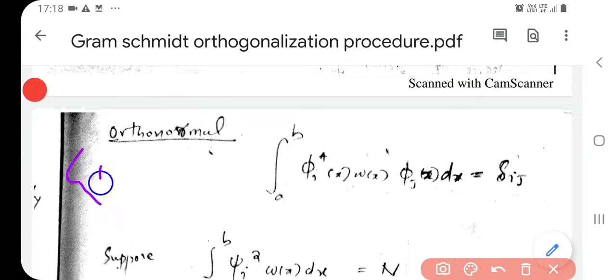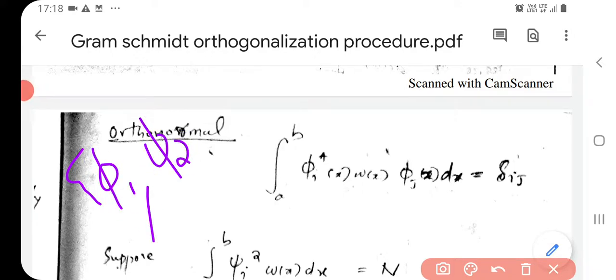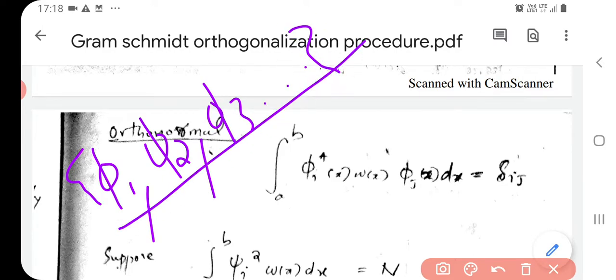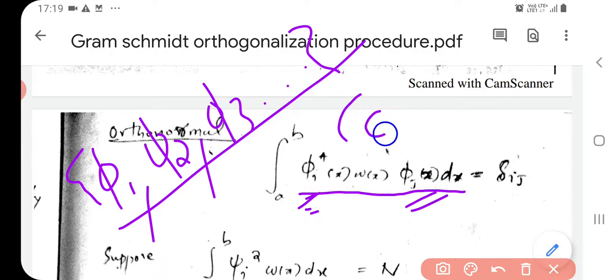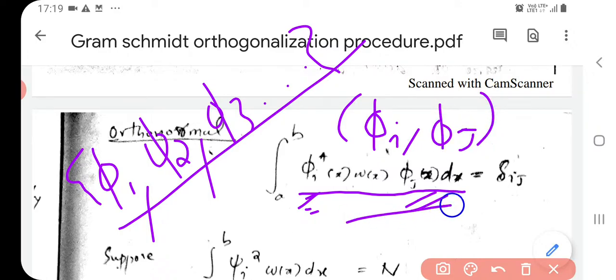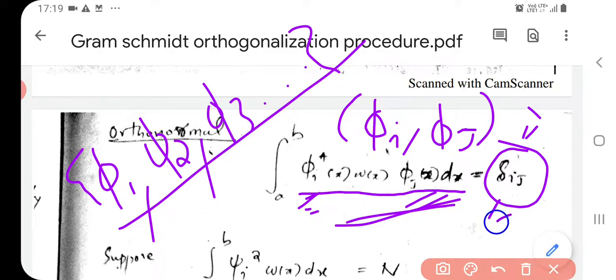Suppose we have a set of functions phi 1, phi 2, phi 3, etc. For any two functions phi i and phi j, if the integral from a to b of phi i conjugate x, w of x, phi j x dx, that is the inner product of phi i with phi j, is equal to delta ij, the Kronecker delta: if i equals j, its value is 1, and if i is not equal to j, the value is 0.